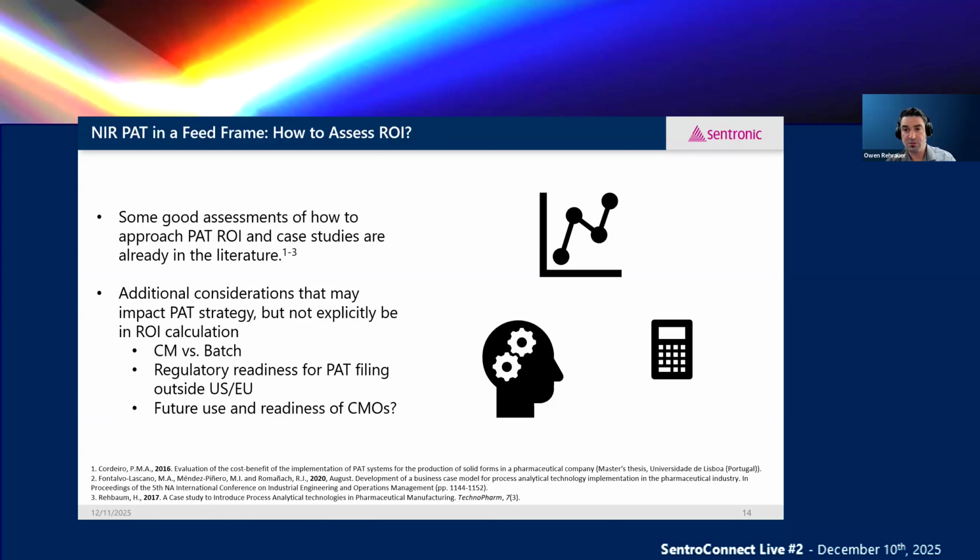Hearing from some customers, sometimes the regulators are quite excited for the potential of this. You may get some advantages there as well. Also keep in mind future use, readiness of CMOs for operational flexibility. Have some discussions internally to make sure that if you do go with the PAT approach, it's aligned with your overall organization's value and strategy for manufacturing.